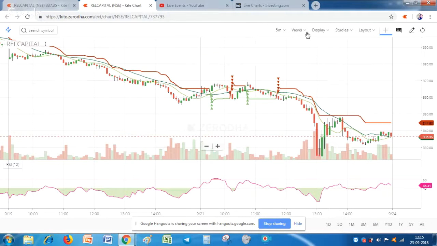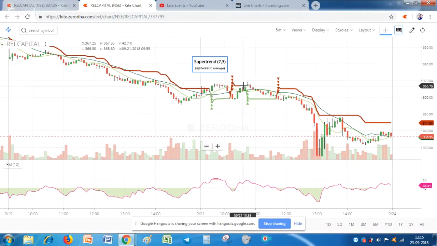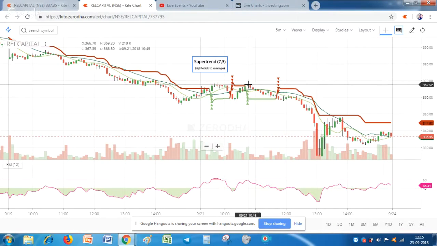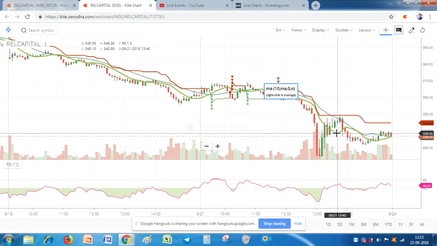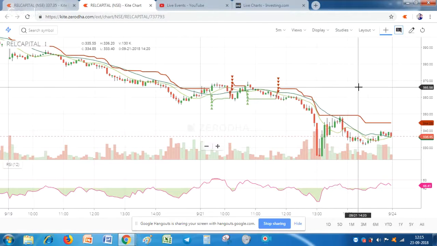Let me check at what level our stop loss was hit. It shows a high of 369.20. So our stop loss was hit marginally, and after that the stock has given a big downfall. Sometimes it may happen, friends. We should be ready for our losses also.